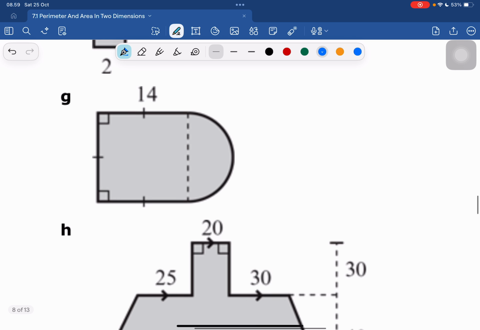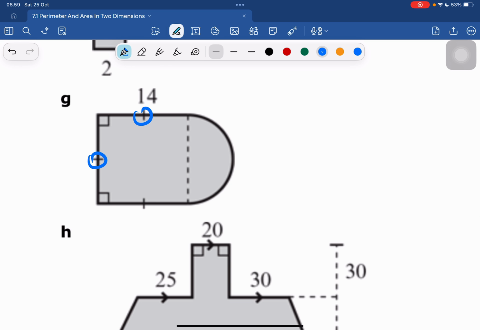Next for the G. Okay, these are square. So 14 square plus a half of pi r square. R is 7 with 7 square.